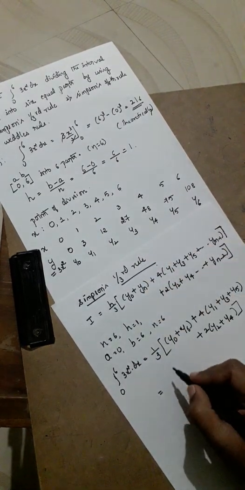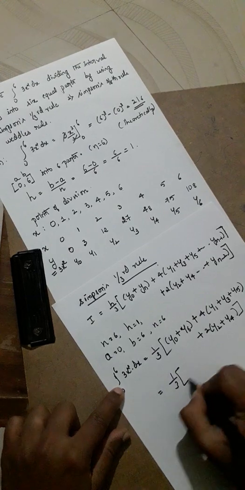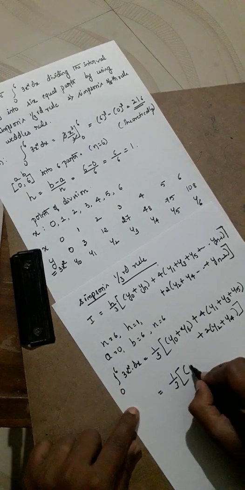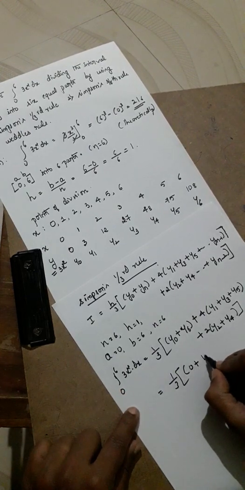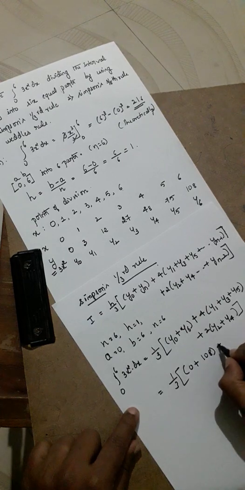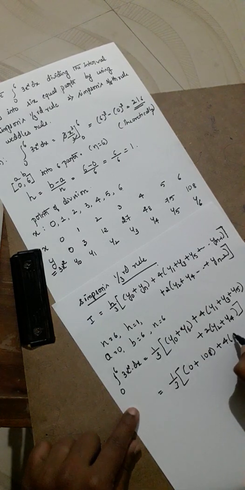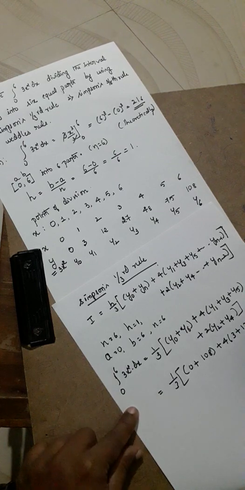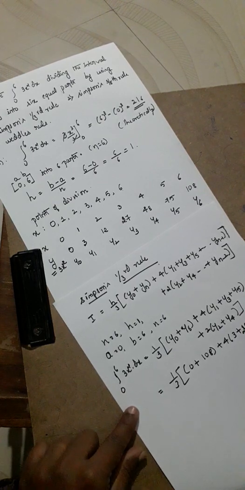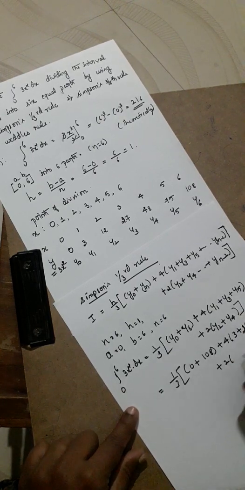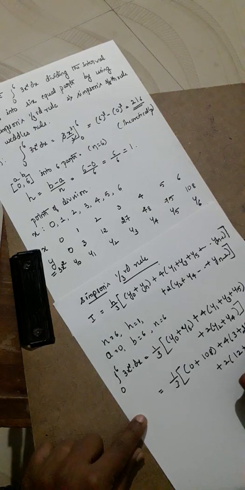That is 1 by 3 of y0, which is 0, plus y6, which is 108, plus 4 times of y1, which is 3, plus y3, which is 27, plus y5, which is 75, plus 2 times of y2, which is 12, plus y4, which is 48.